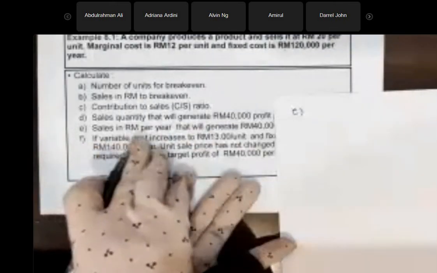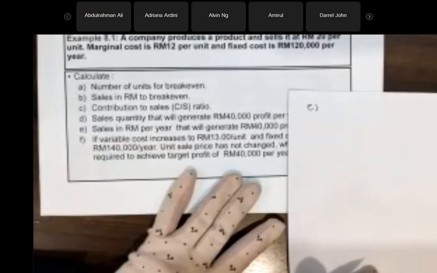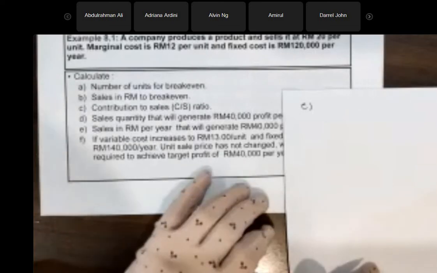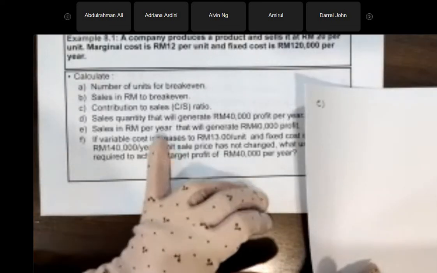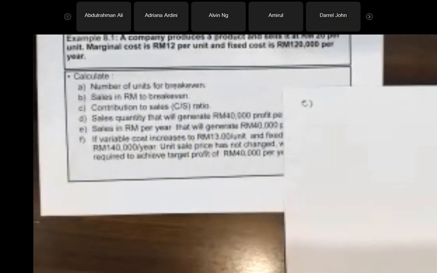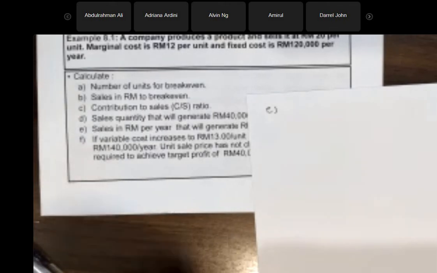Now sales in RM per year that will generate 40,000. What is the difference? Sales that will generate 40,000. Okay, try to do E.